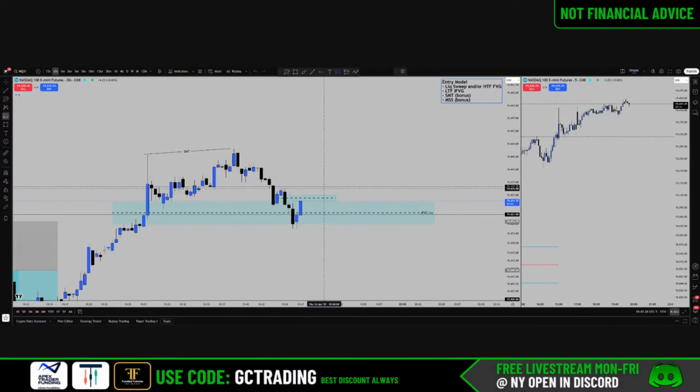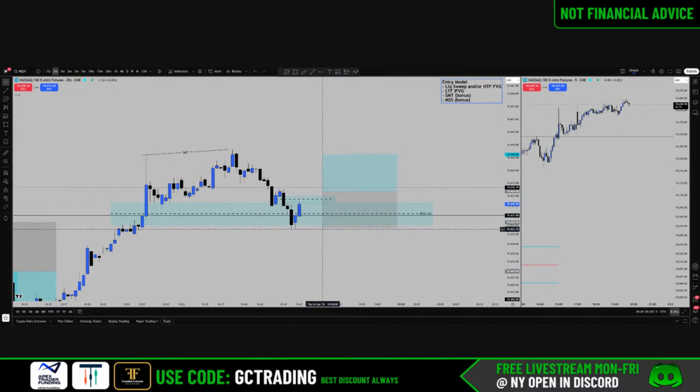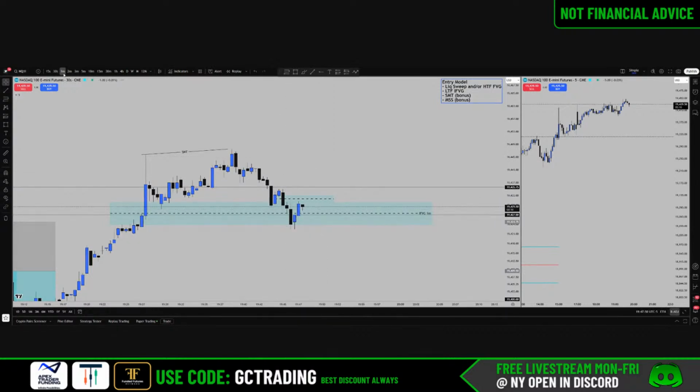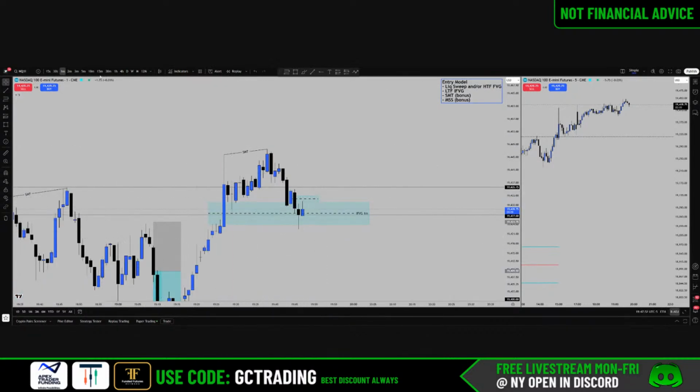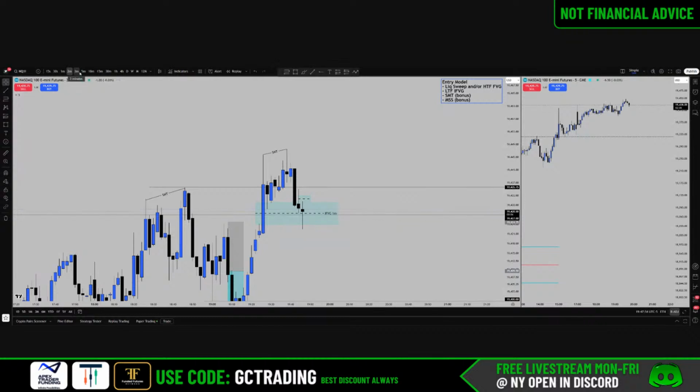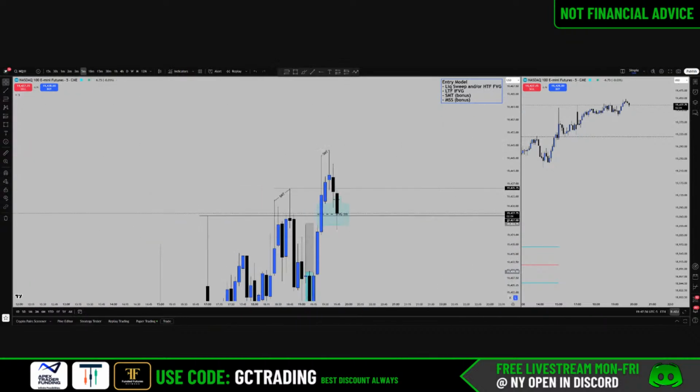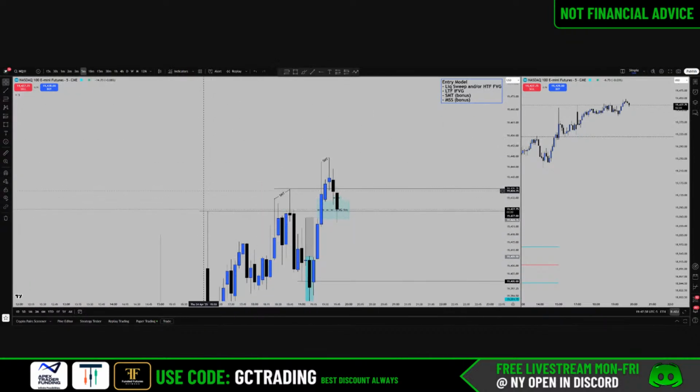Even on NQ, if you were to close up above that, look to target that high. Five-minute closes in 2 minutes. Have to keep an eye on that.